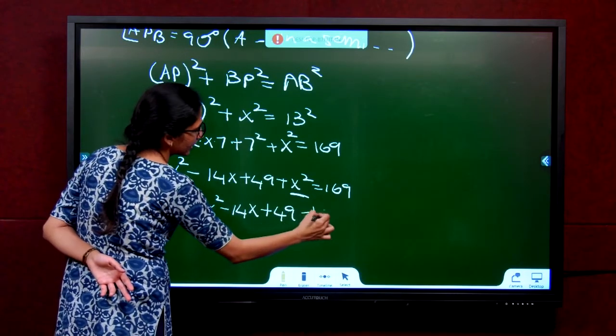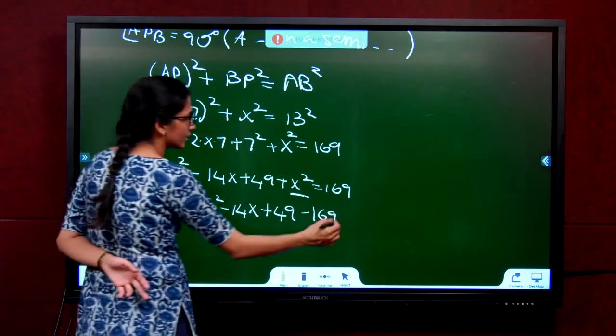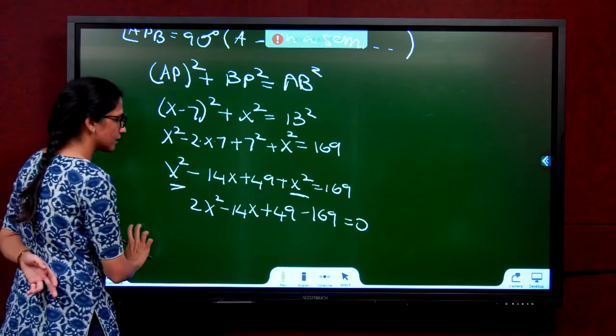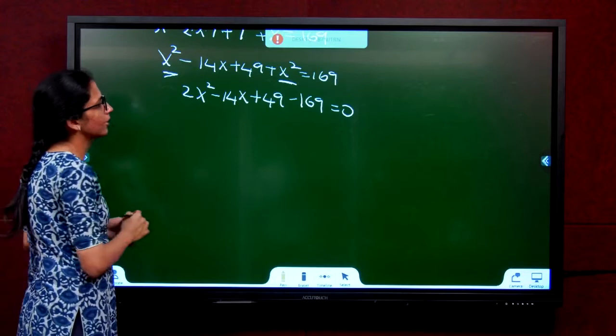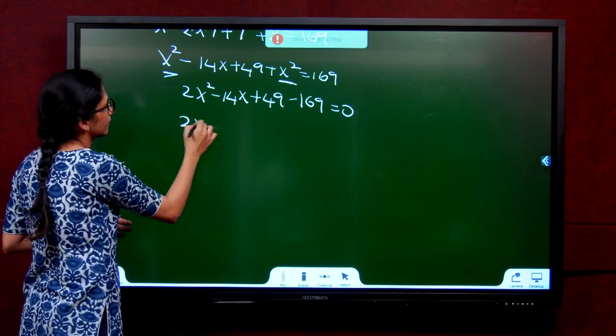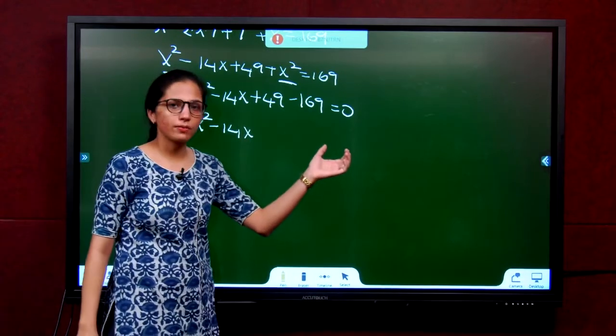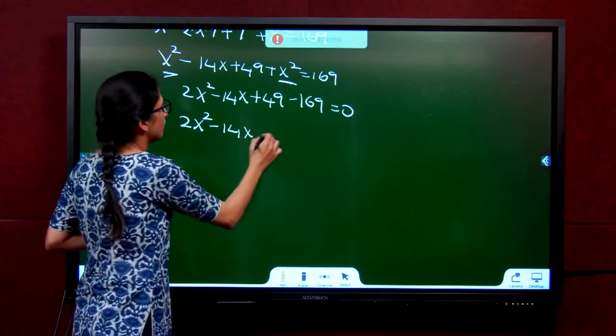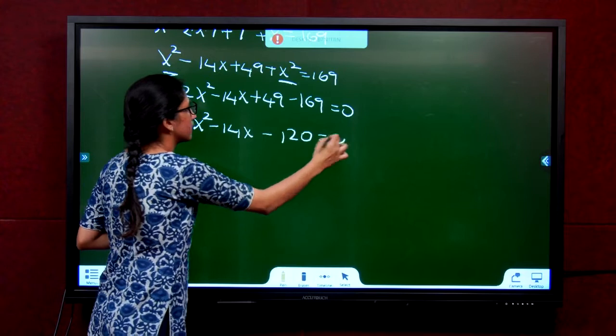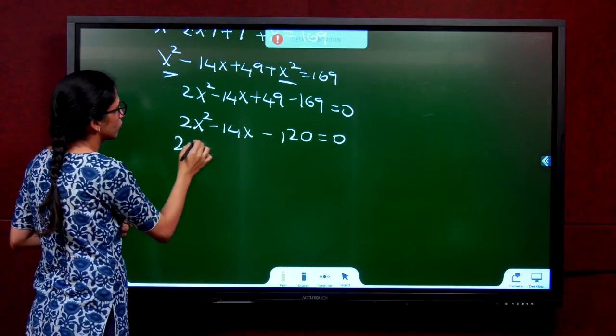If 169 comes this side, it becomes minus 169 is equal to 0. 2x square minus 14x, 49 minus 169. How much is that? Minus 120 is 0.